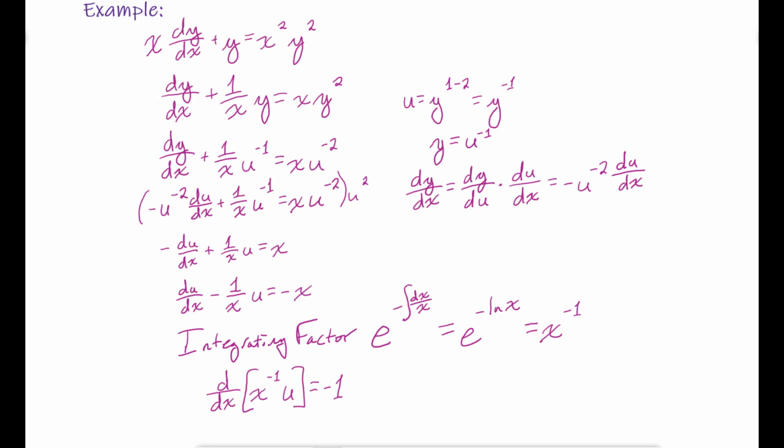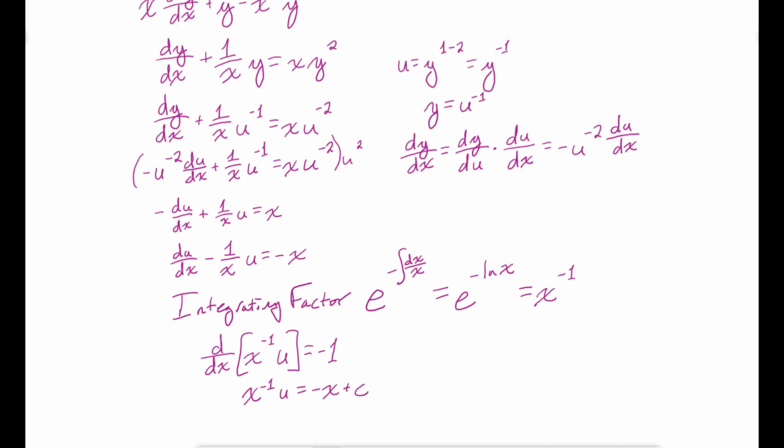And when we do that, we're going to get x to the negative 1st times u equals negative x plus a constant. So at this point, I can solve for u by multiplying by x. So I'll get u equals negative x squared plus cx.